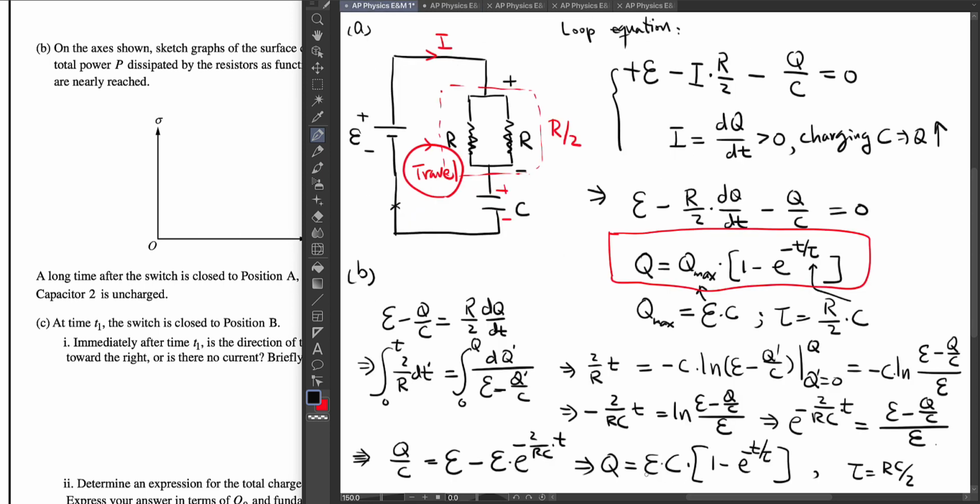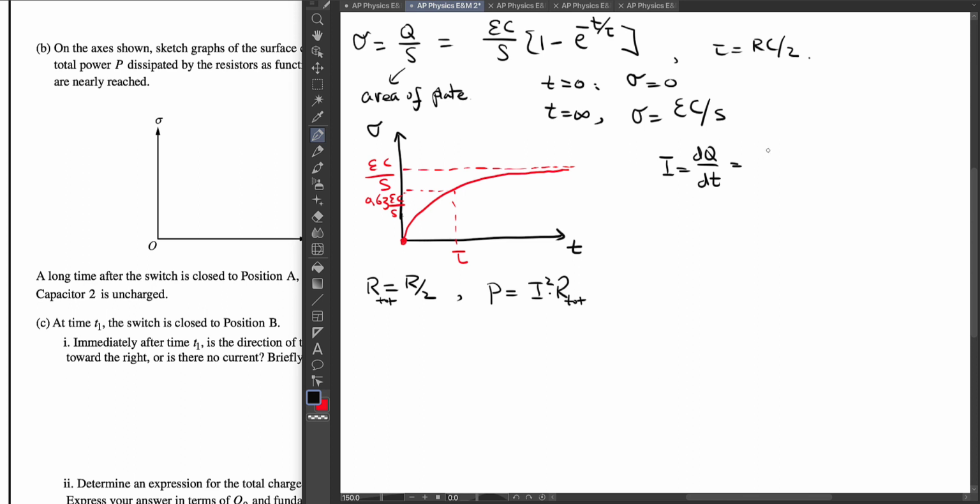So Q again is this equation. If I do dq dt, I will get rid of the first term, since 1 is a constant, so it will disappear. And there will be a negative sign here. So negative EMF times C times the exponential function. But before that, I need to also write down the coefficient of t here. That's negative 1 over tau, before I write out this negative t over tau, right?